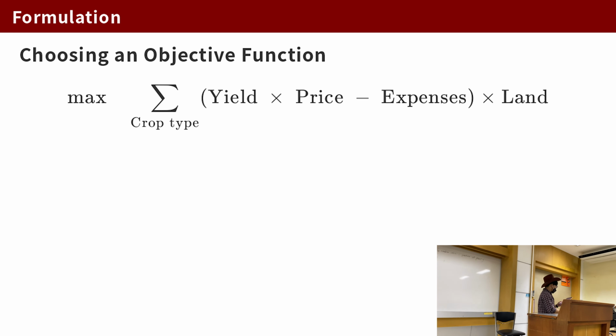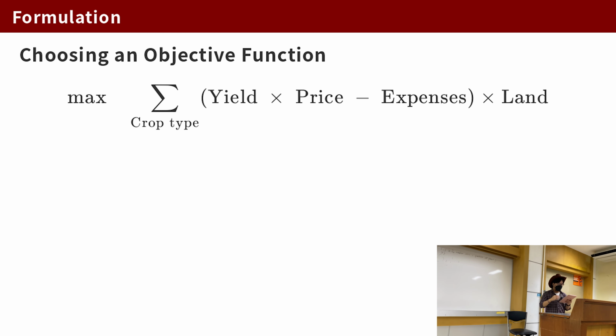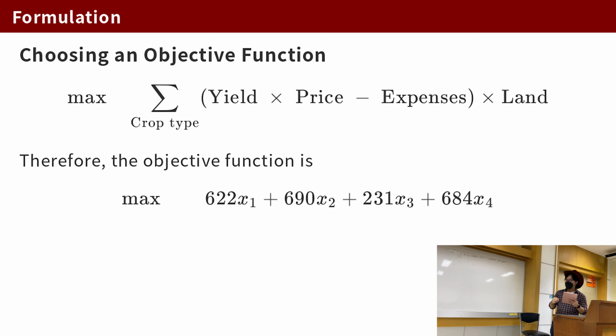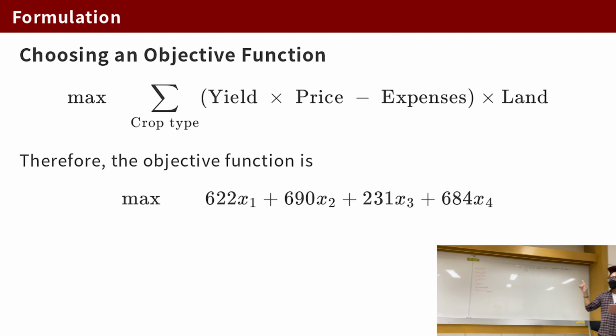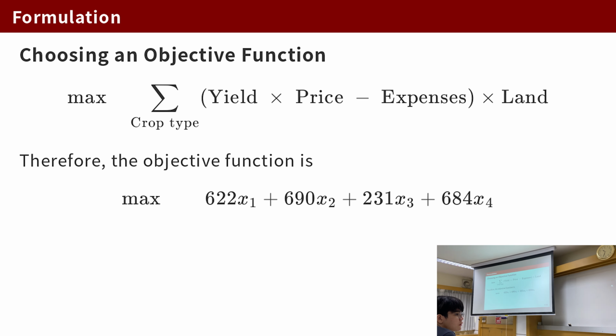And then this is also not an integer problem because Bill can split up his land into like lesser than an acre and then grow accordingly. And in the end, we're going to end up with this objective function where the coefficients are the thing above, but already pre-computed based on the table that we have before.